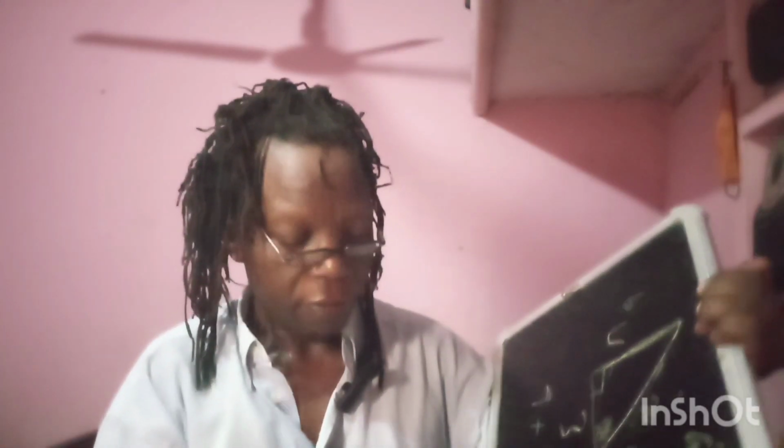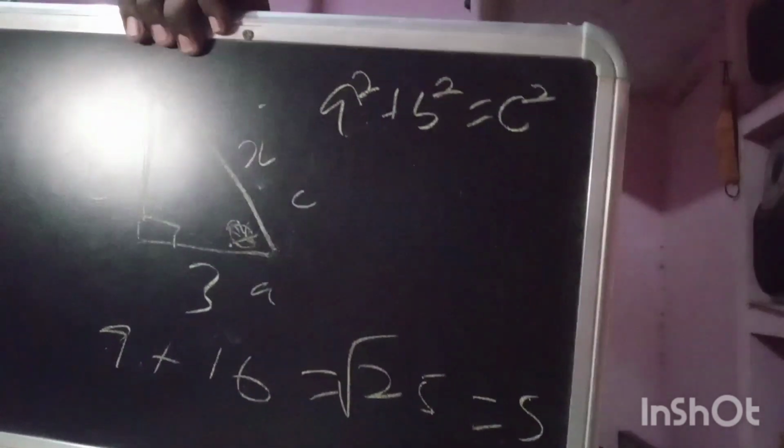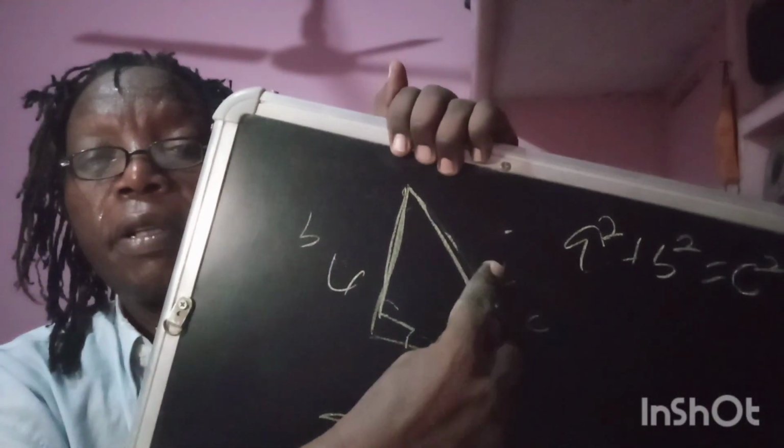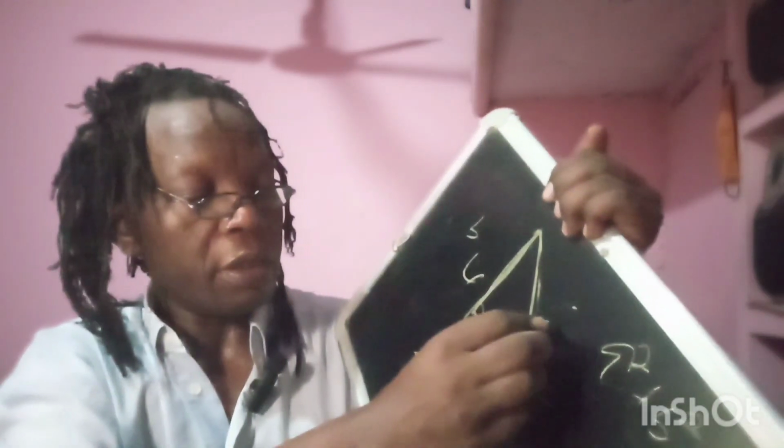This one will give you 25. So we're going to find the square root of 25, which is equal to 5. Okay, the square root of 25 is 5. So we know that this side x is 5 from Pythagoras theorem. So we write it here, 5.